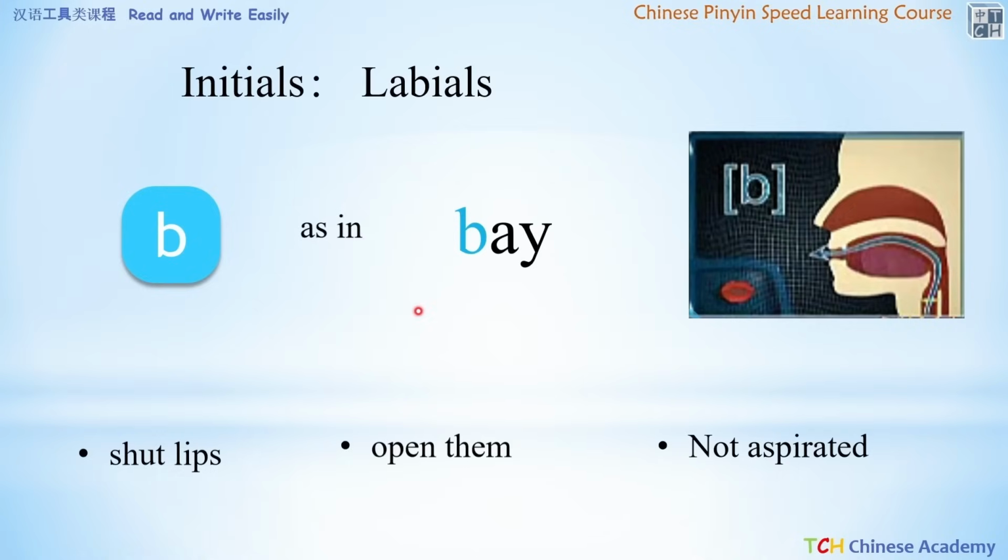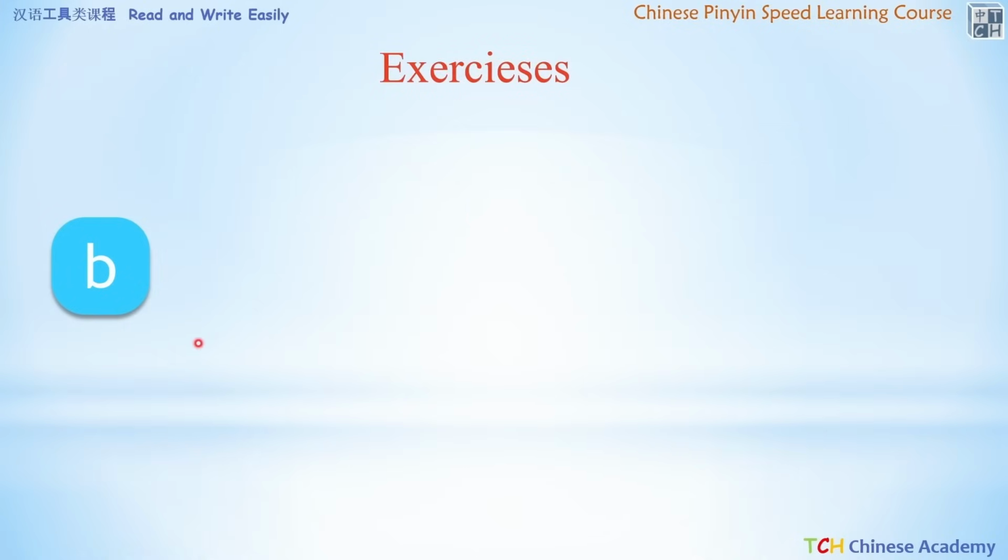Now let's do some exercises by using the initial b, as in bā. That is the number 8 in Chinese. So the initial is pronounced bo, and this final is the a.